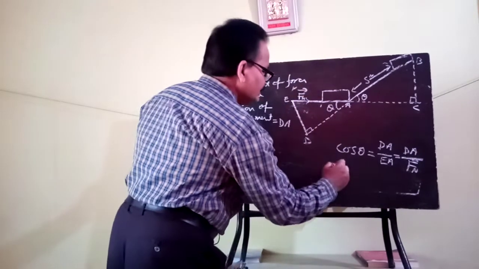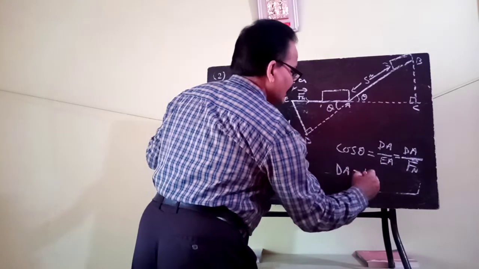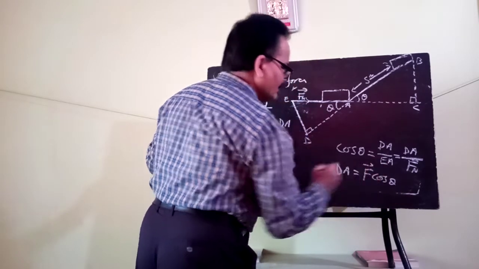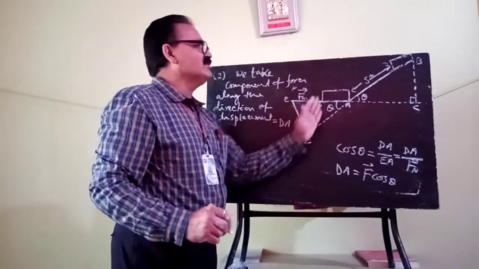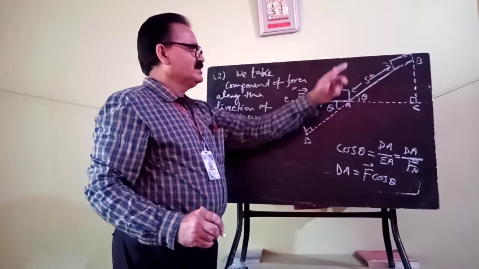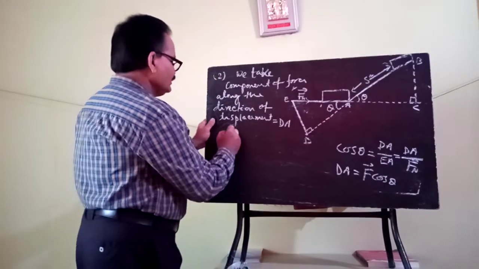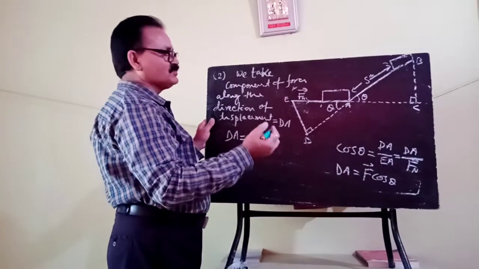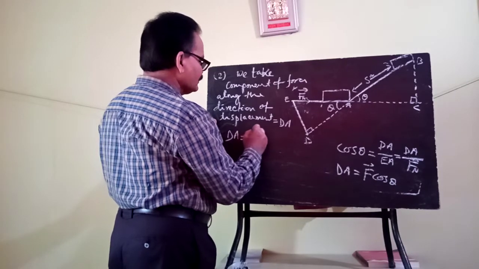Okay, so dA, the component, will become F cos theta. F Newton cos theta is the component of your force along the direction of displacement. Displacement occurs by making an angle theta. So your dA, the magnitude of dA, meaning the component of force along the direction of displacement, is your F cos theta.